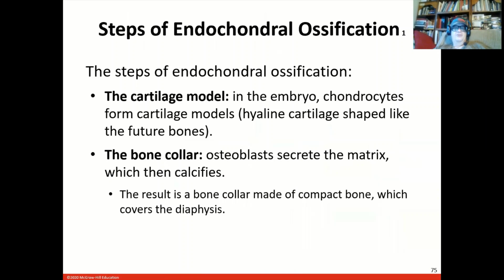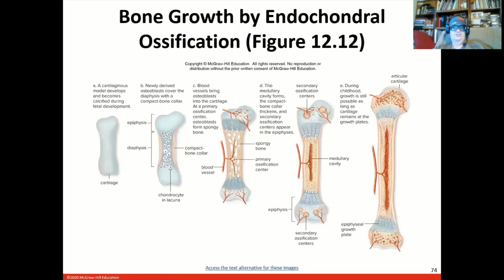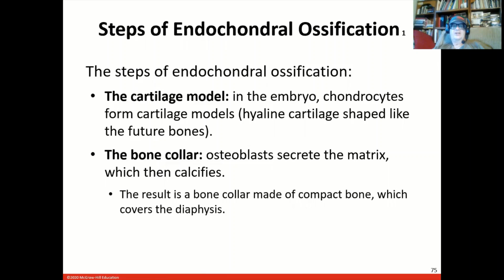All right, endochondral ossification. These are the steps in what you just saw in the pretty picture. So as an embryo, you have a hyaline cartilage model where there's going to be a bone. It's shaped like the bone that's going to develop there. And the bone collar, I'm talking about the periosteum, okay?